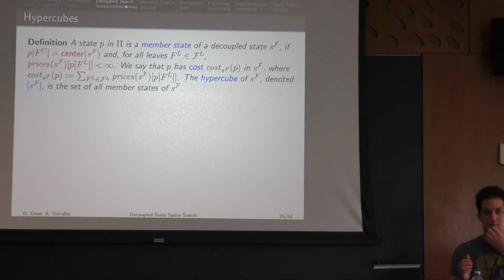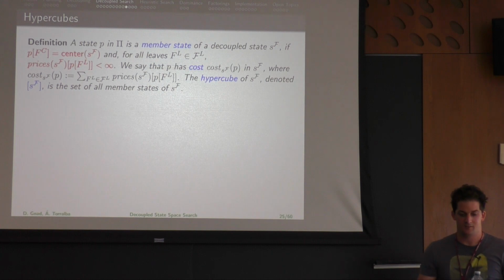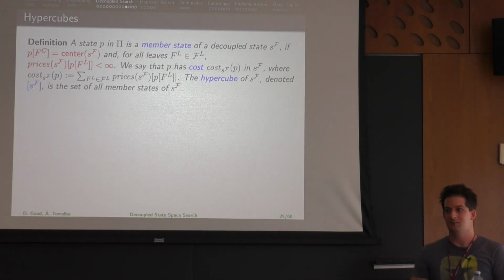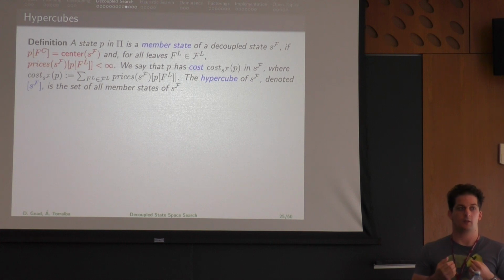Okay, so after many examples and lengthy definitions, here's some more definition that's not so lengthy, namely hypercubes, which are really quite an intuitive way of understanding decoupled search, decoupled states.